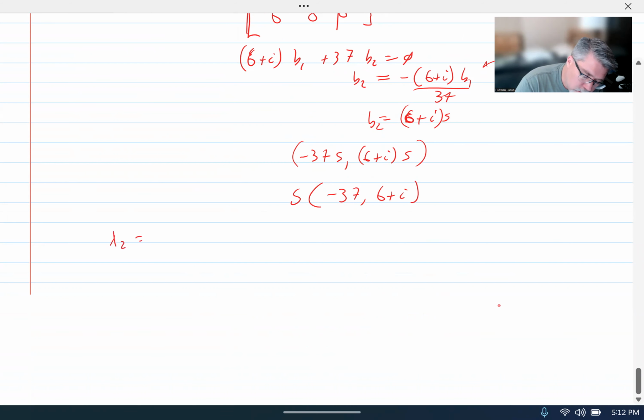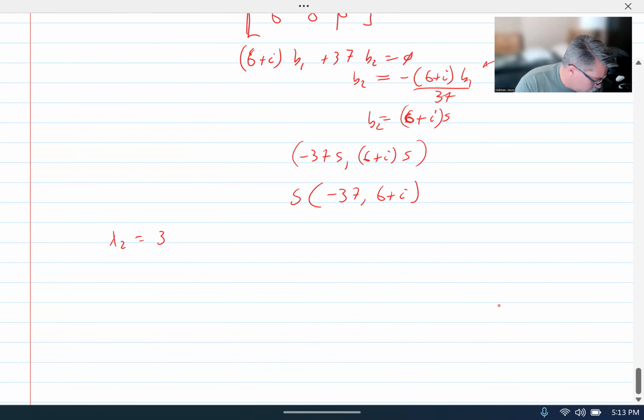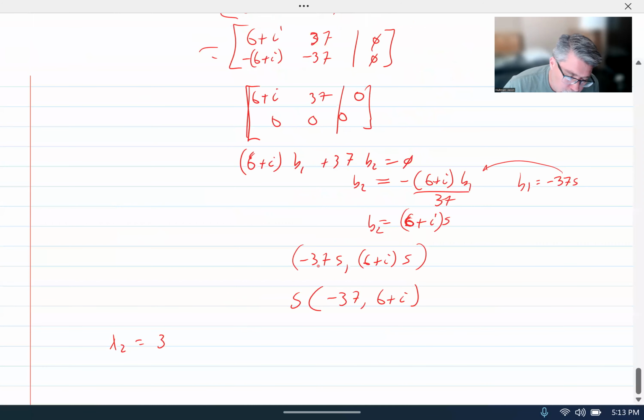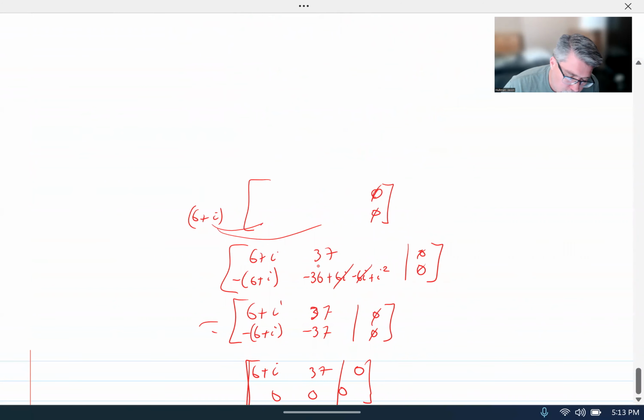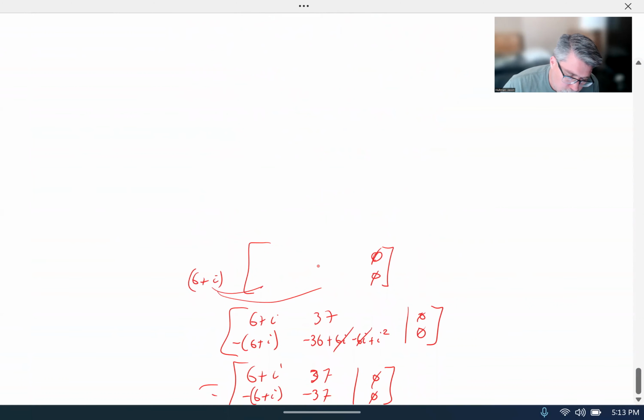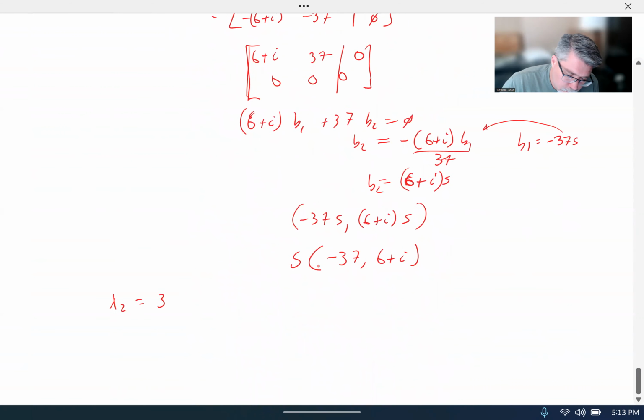Okay, so for lambda 2 equaling 3, should be 3 minus i, right? Let's see what we got here. What was lambda 2? Okay.